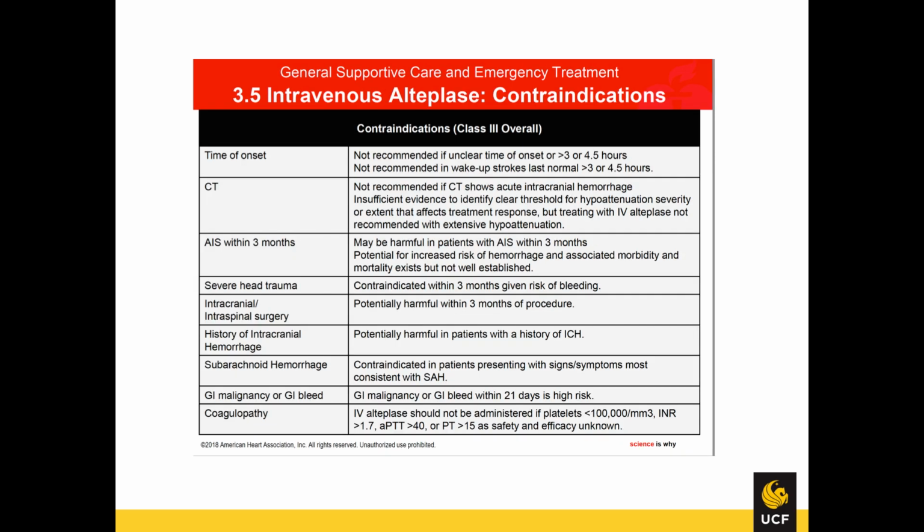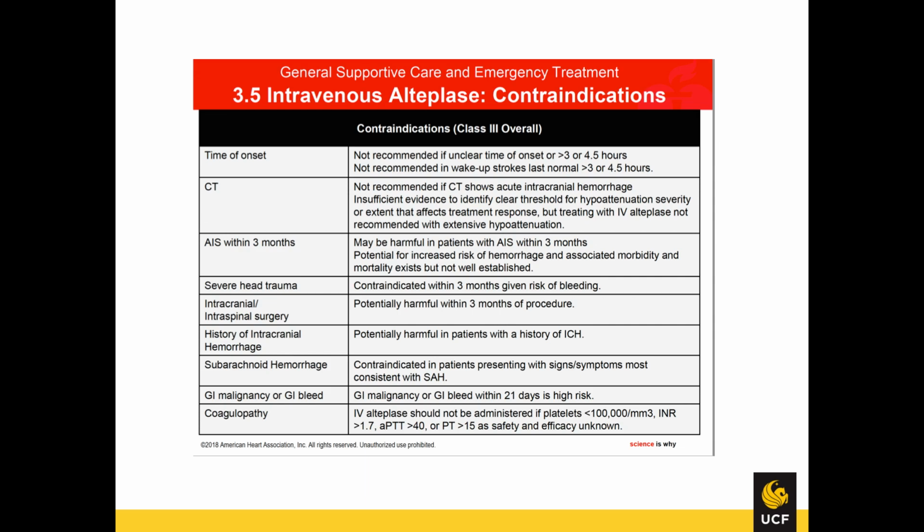In class 2, so now we're going back to your greater than 3 hours, but not more than 4.5 hours. Your CT, not recommended if the CT shows hemorrhaging, obviously. There's insufficient evidence to identify a clear threshold for hypoattenuation severity or extent that affects treatment response. So, like I mentioned before, you're not going to hold the IV alteplase unless there's extensive hypoattenuation.